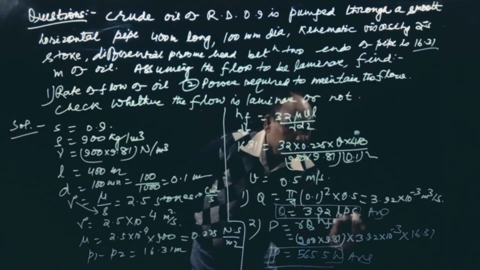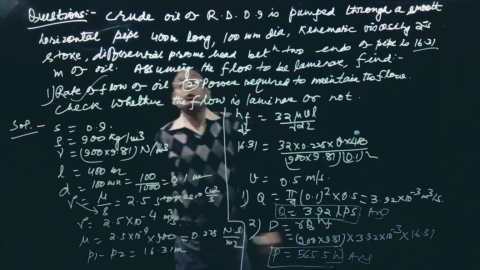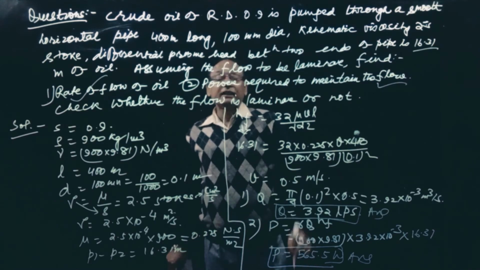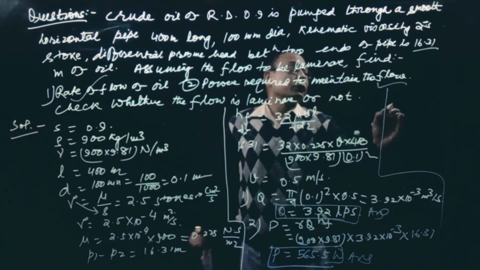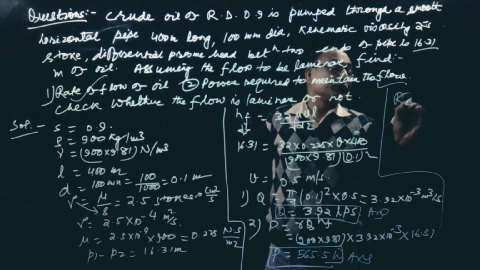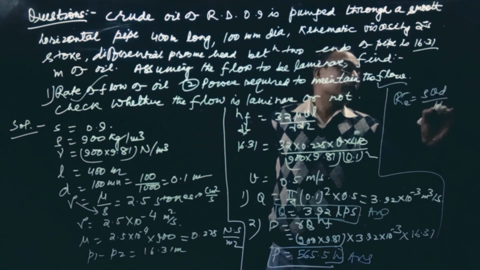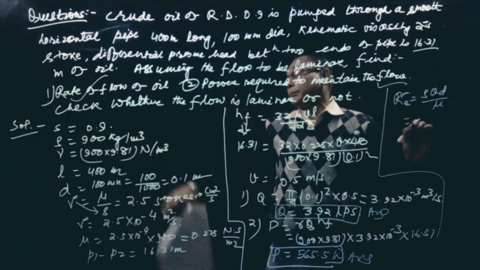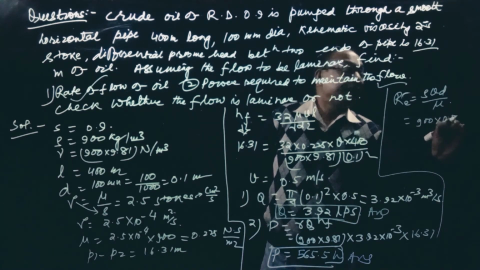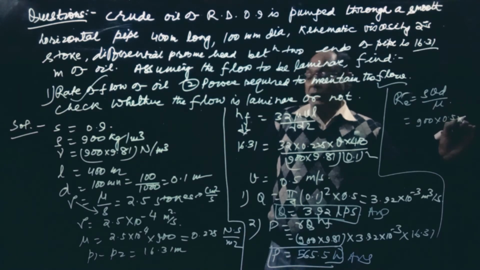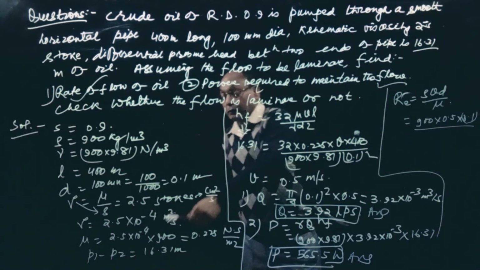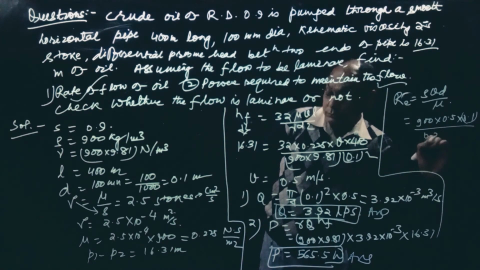The rate of flow of oil we have found out, and the power required to maintain the flow also we have found out. Now check whether the flow is laminar or not. So Re is equal to rho VD by mu. Rho we have found out, 900; velocity 0.5; D is 0.1; and mu is 0.225.